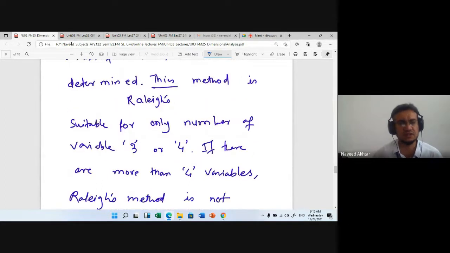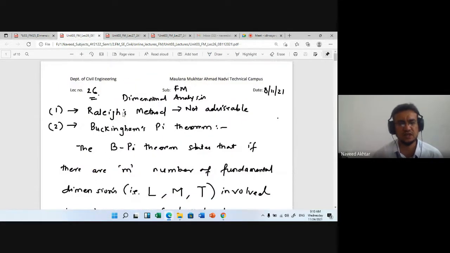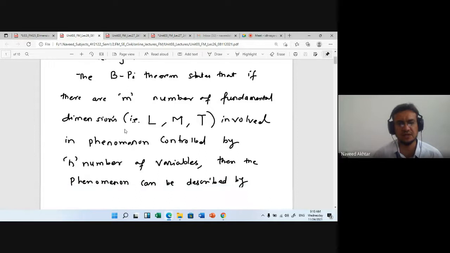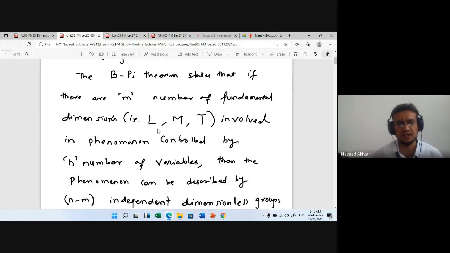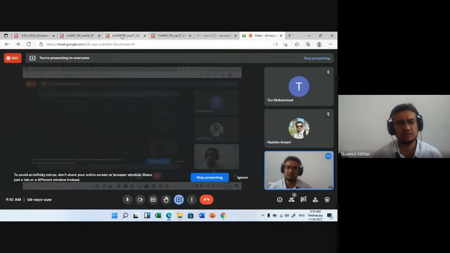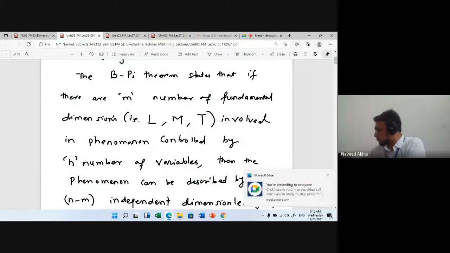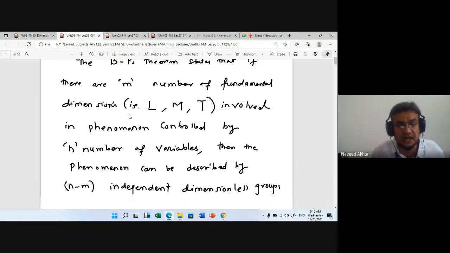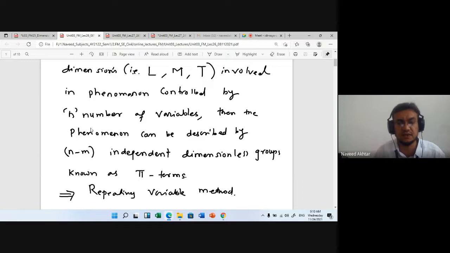Now, in the next class we have seen the working of the pi theorem. The pi theorem states that if there are n number of variables involved in a phenomenon, and m fundamental dimensions, that is length, mass and time, these are the basic dimensions involved in the phenomena, then the phenomena can be described by n minus m independent dimensionless groups known as pi terms.